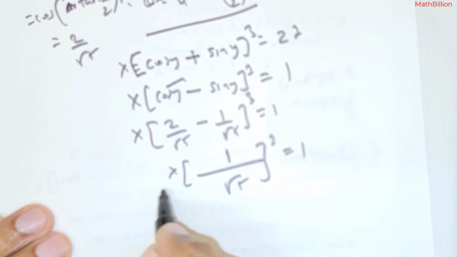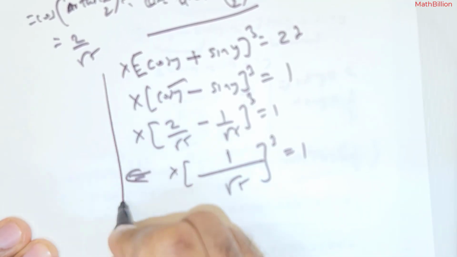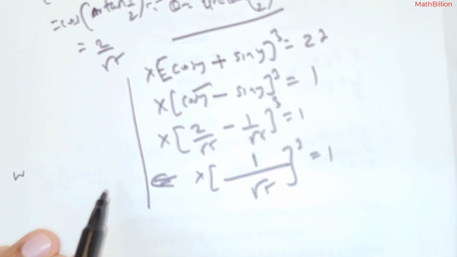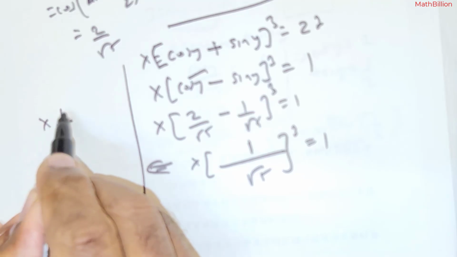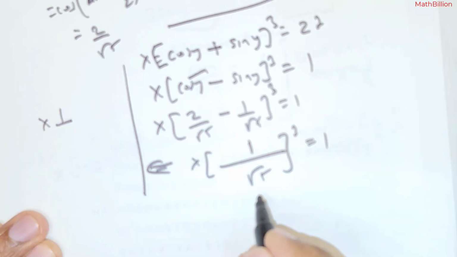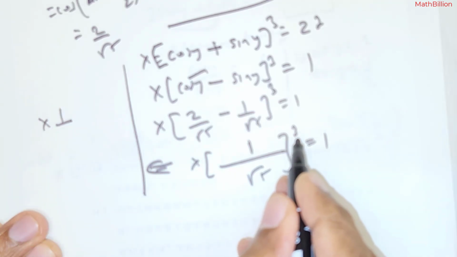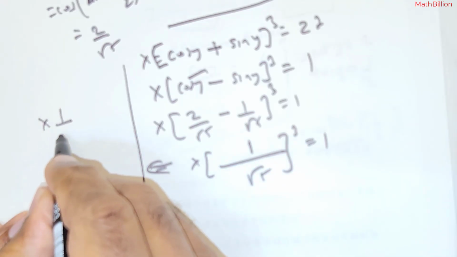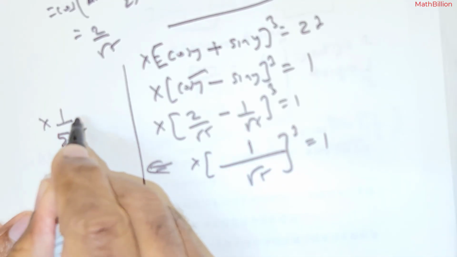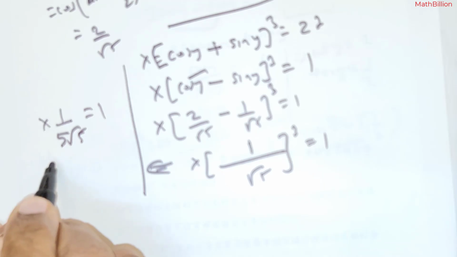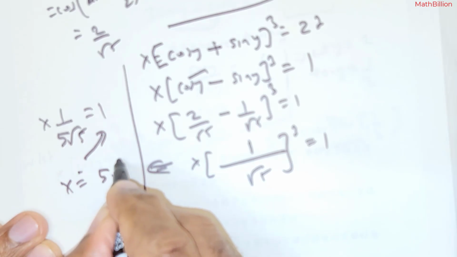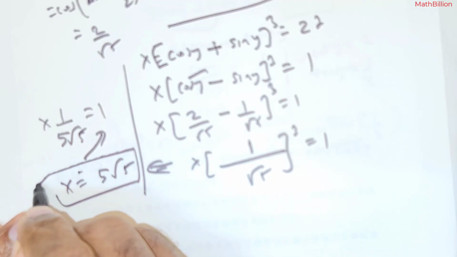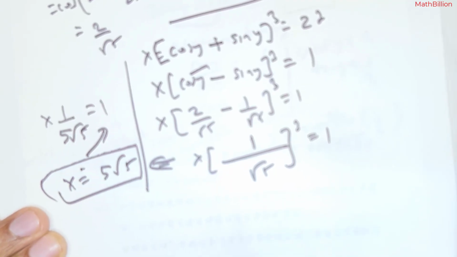So this is nothing but x times 1 over root of 5 raised to the power of 3. That is going to be 5 times root 5 is equal to 1. So if you were to cross multiply, you get x is equal to 5 times the root of 5. This is the value you get.